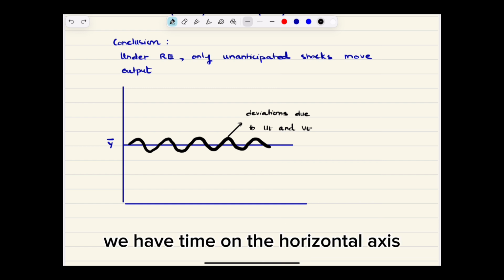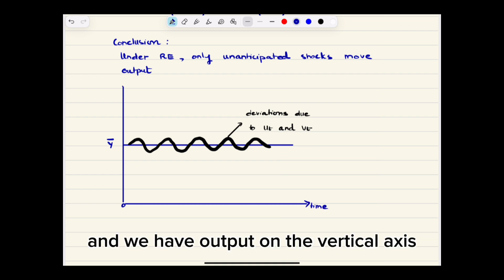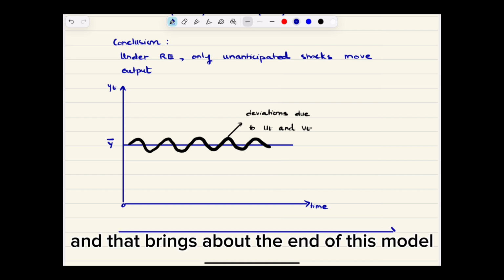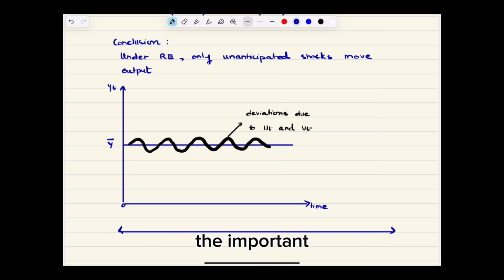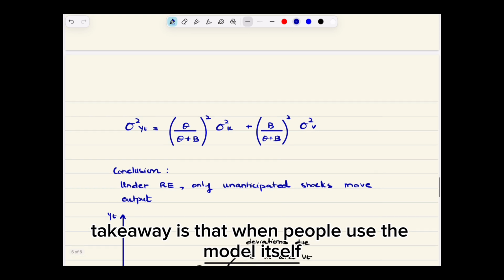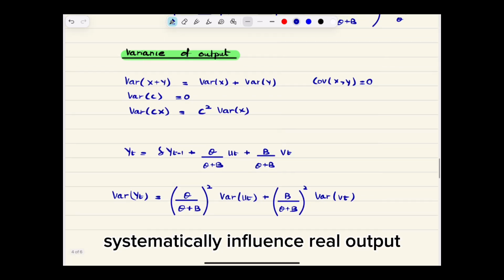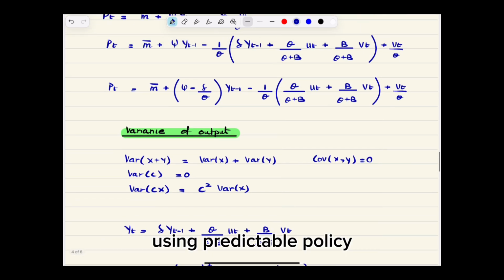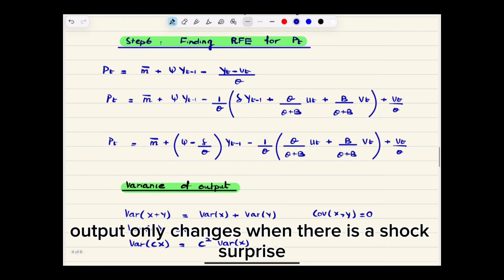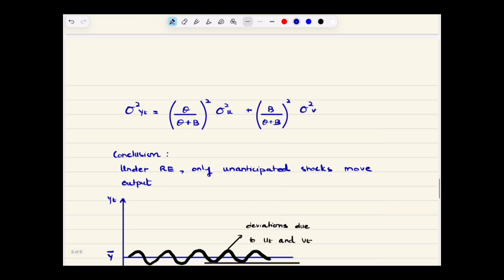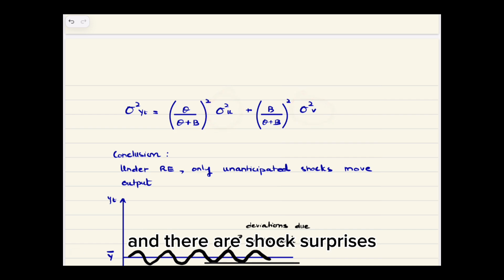We have time on the horizontal axis and output on the vertical axis, and that brings about the end of this model. As a recap, the important takeaway is that when people use the model itself to form expectations, the government cannot systematically influence real output using predictable policy. Output only changes when there are shock surprises.